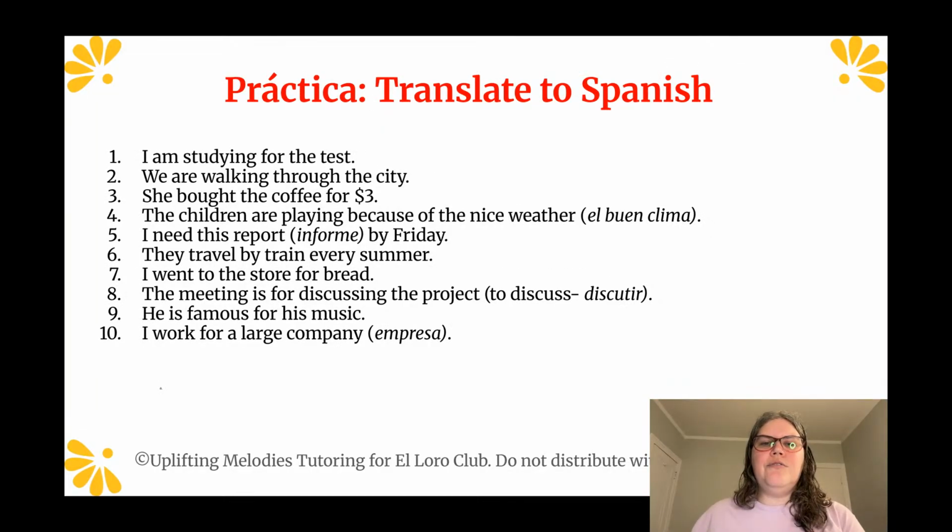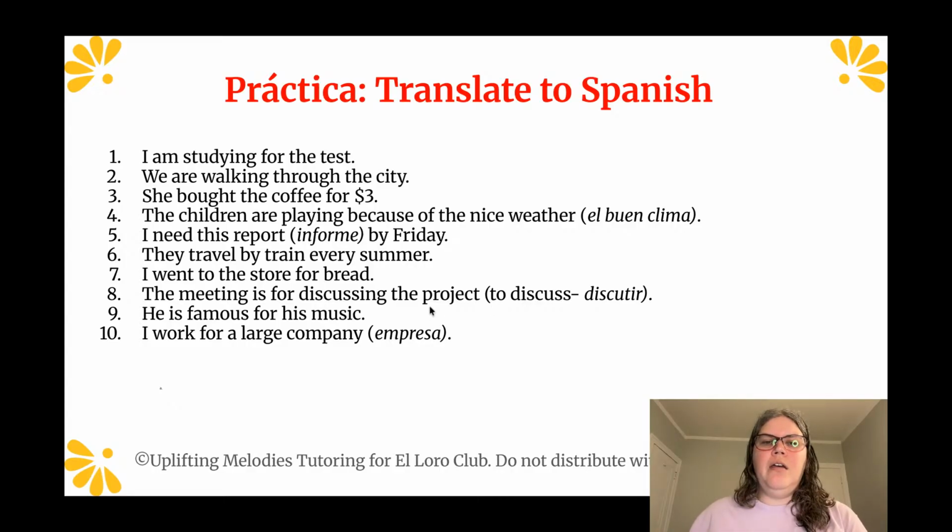The meeting is for discussing the project. The verb for to discuss is discutir. And another thing to notice, a lot of times when you see ing in English, you're going to use what we call the infinitive verb, which is just that verb with the AR, ER, or IR ending in Spanish.